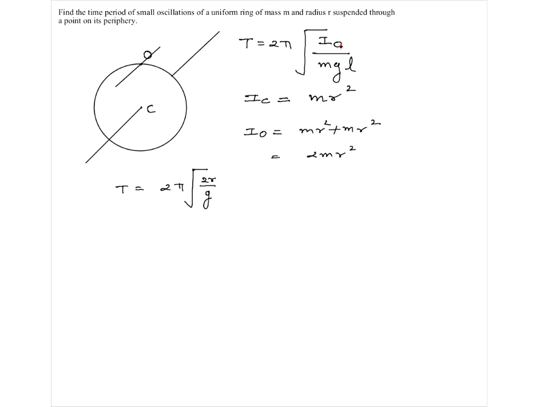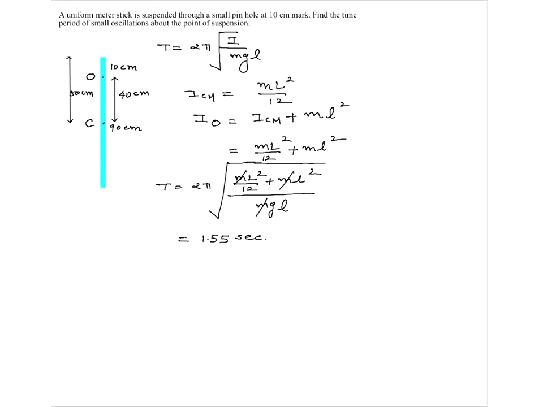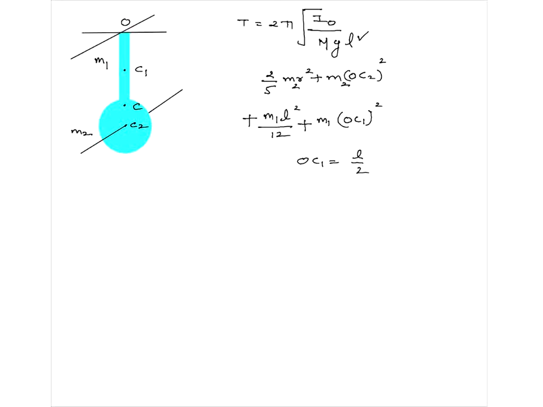But in this formula, I was not about C. So maybe in this formula itself you can write that I is about O. Perhaps in most questions we have used IC to find IO, so that we could apply some theorem like the parallel axis theorem, which is valid for IC plus something. Any other question, let me know.